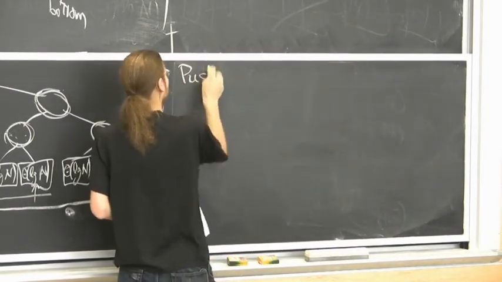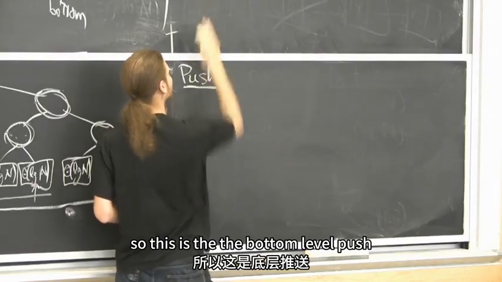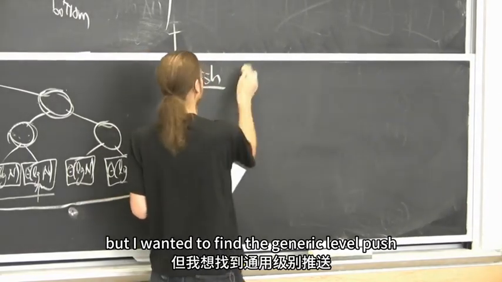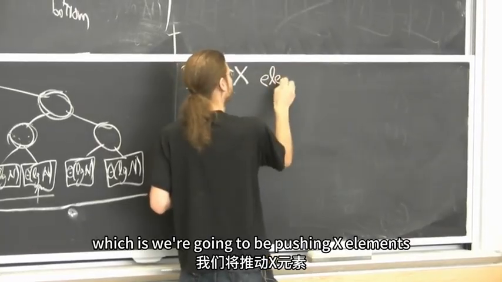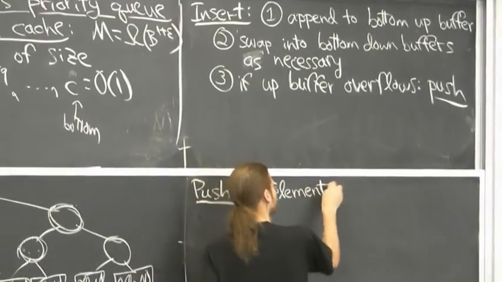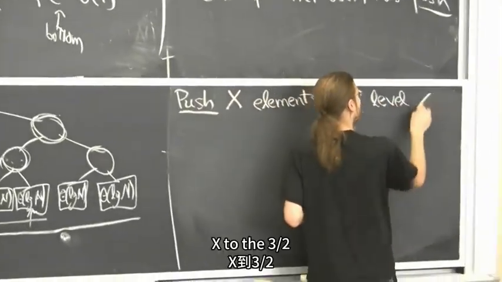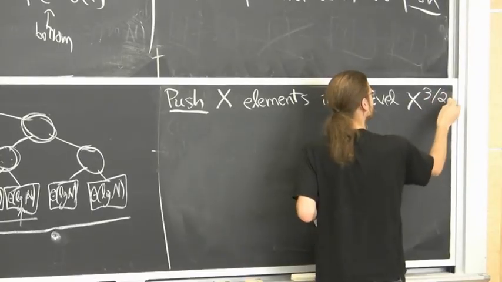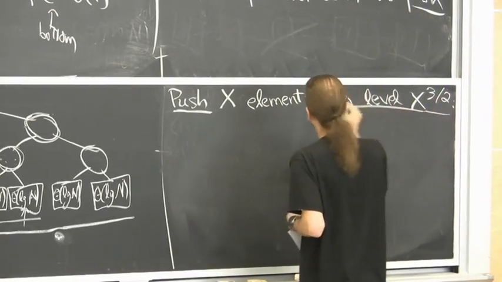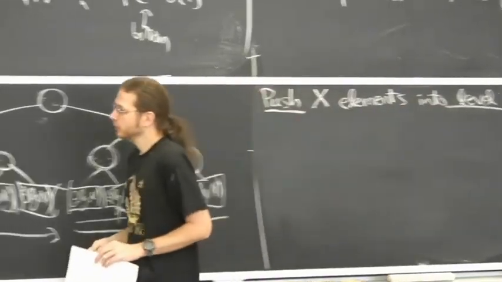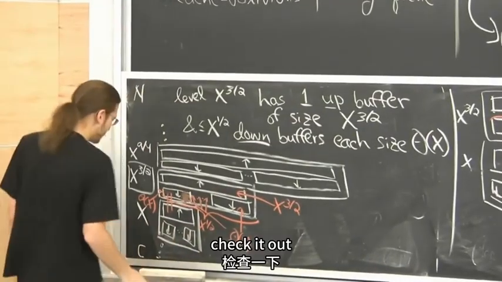In general, so this is the bottom level push, but I want to define the generic level push, which is we're going to be pushing X elements into level X to the 3/2. So why is that? Check it out.